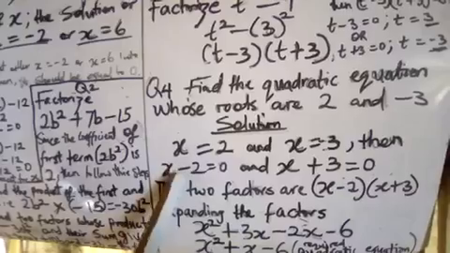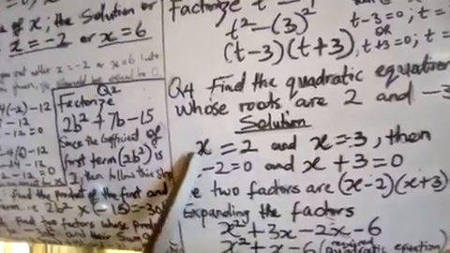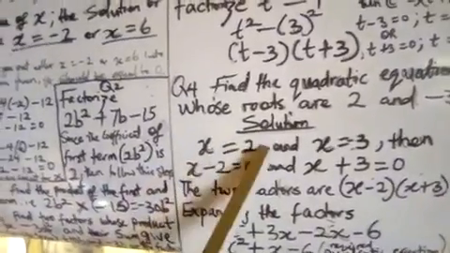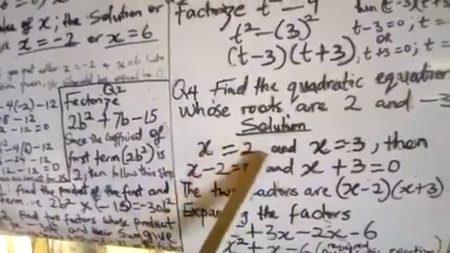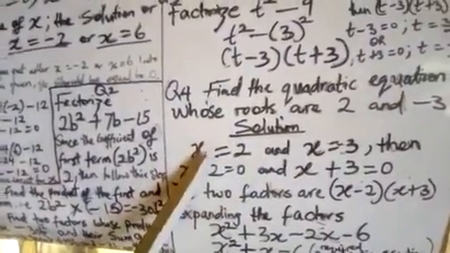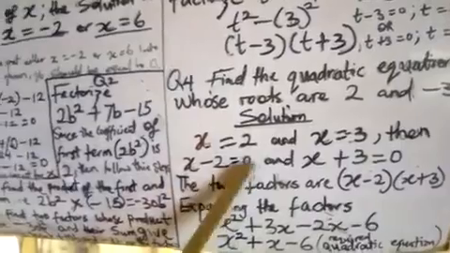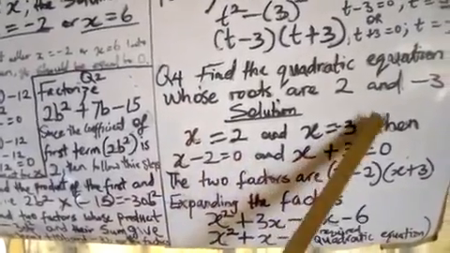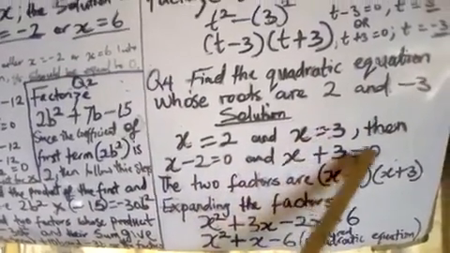So this x equals 2, and by the time it moves back across the equality sign, it becomes x minus 2 equal to 0. And also x is equal to minus 3 becomes x plus 3 equal to 0.